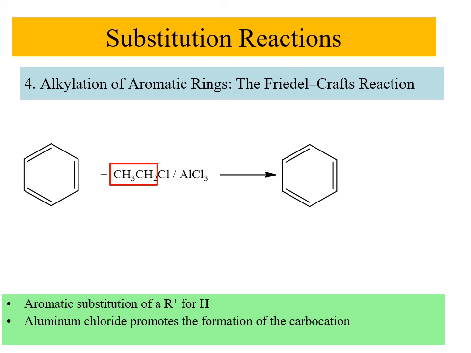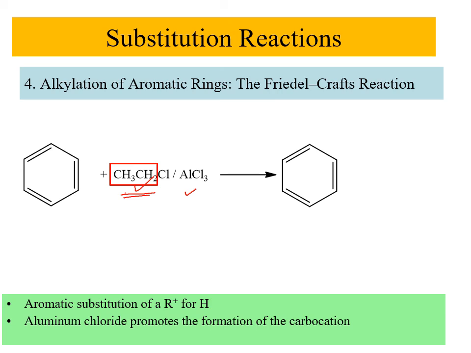For the alkylation of aromatic ring, benzene can undergo the so-called Friedel-Crafts reaction, whereby there will be the presence of alkyl halide and aluminium chloride that are used to promote the formation of carbocation from the alkyl halide.